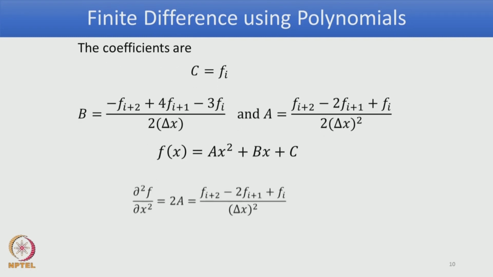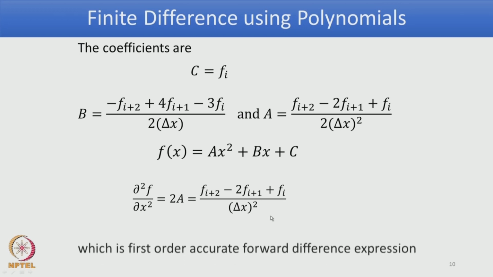So, ∂²f/∂x² is what is shown here. It is basically 2 times a, because the b also goes, and a is already here, as we obtained the coefficients for a, and this 2 gets cancelled, then you have only the remaining term for the coefficient a. This is actually the second order second derivative forward difference formula obtained from the polynomial procedure.